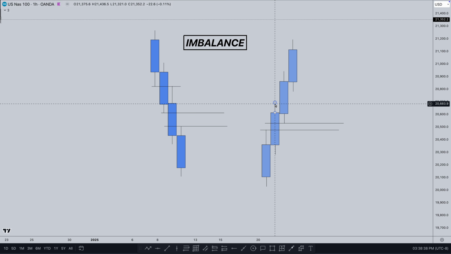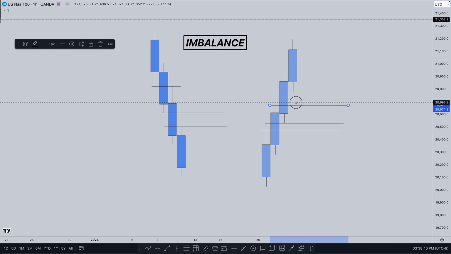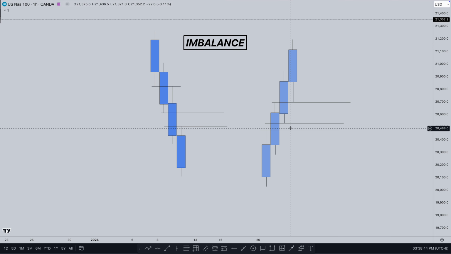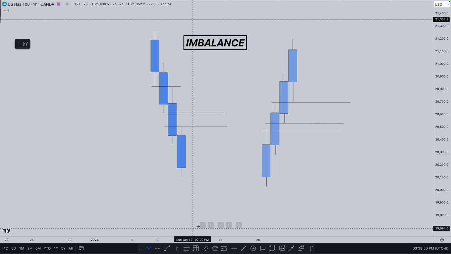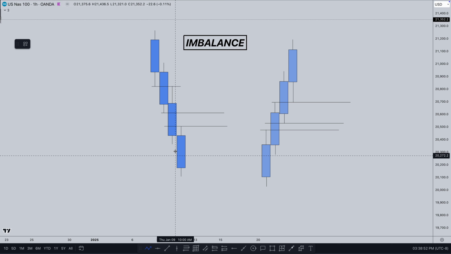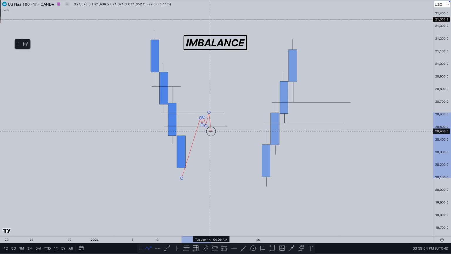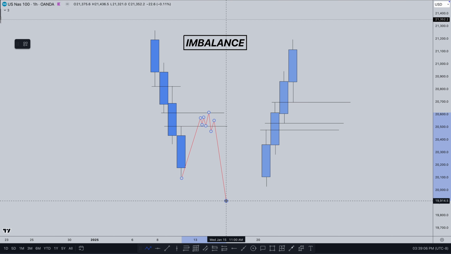So sometimes the market likes to come back into these zones and use that as an entry to continue price higher. So don't be surprised, in a downtrend, you see price making lower lows and lower highs, lower lows and lower highs, and all of a sudden it comes back into this imbalance, does the liquidity dance, boom, and then sells off.